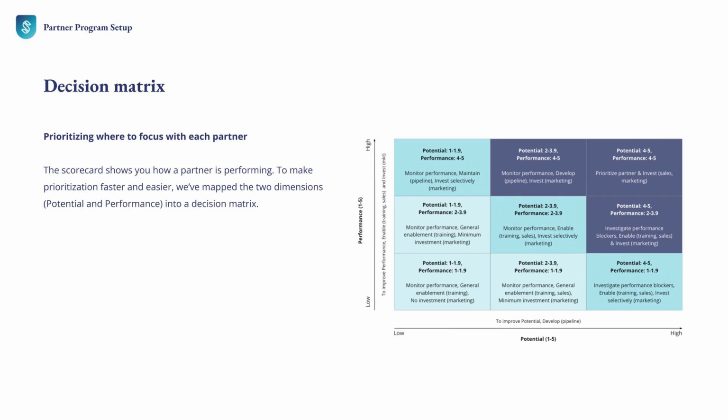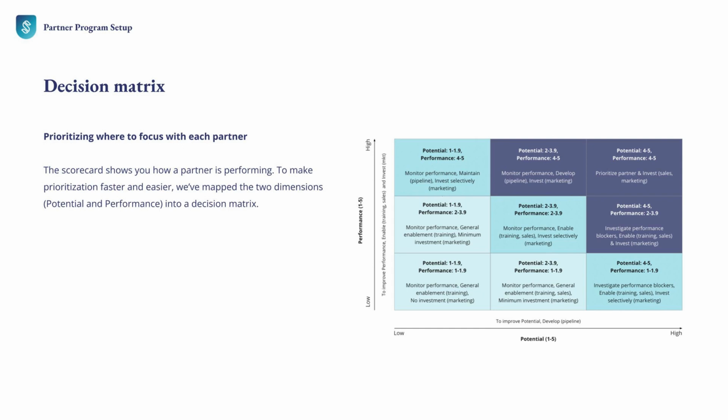The partners in the lower left corner have less potential and are less likely to perform. So here you will want to monitor performance and to do general enablement and co-marketing initiatives, or maybe no marketing initiatives. However, you will still need to enable them through trainings and sales enablement initiatives. Finally, the partners in the middle will be the ones with average potential and average performance.